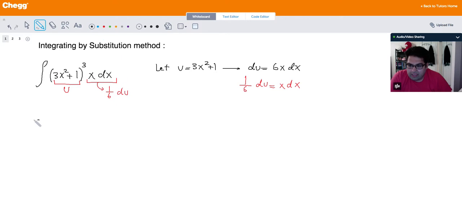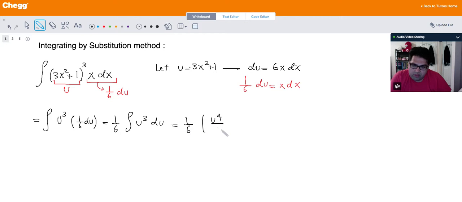Now I can take the integral of u to the power of 3 times 1 over 6 du, which is 1 over 6 integral of u cubed du. And that's equivalent to 1 over 6 times u to the 4 divided by 4 plus c.